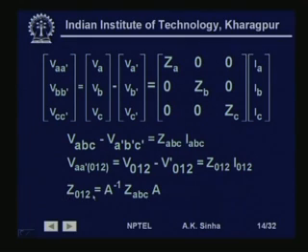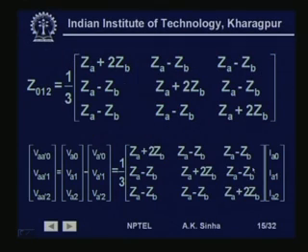This is what we will write to get this Z012, and then we find that V012 minus V dash 012 is equal to Z012 into I012. That means the phase quantities are now converted into sequence quantities.